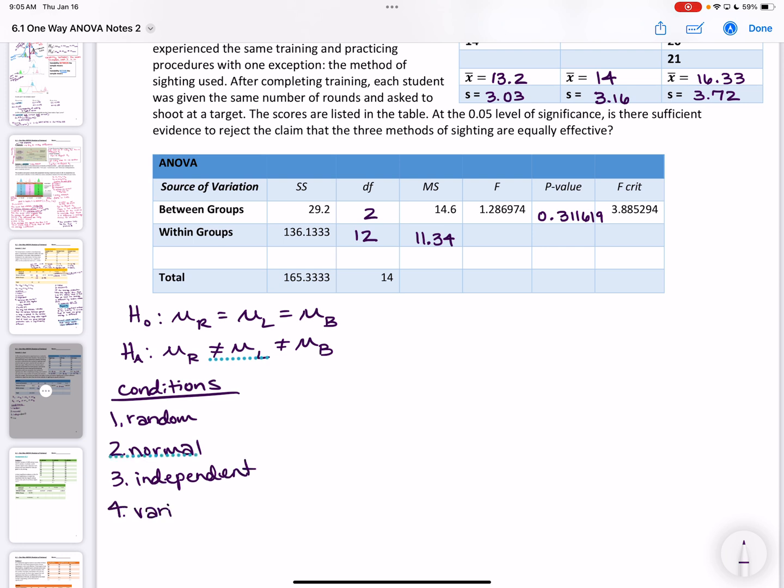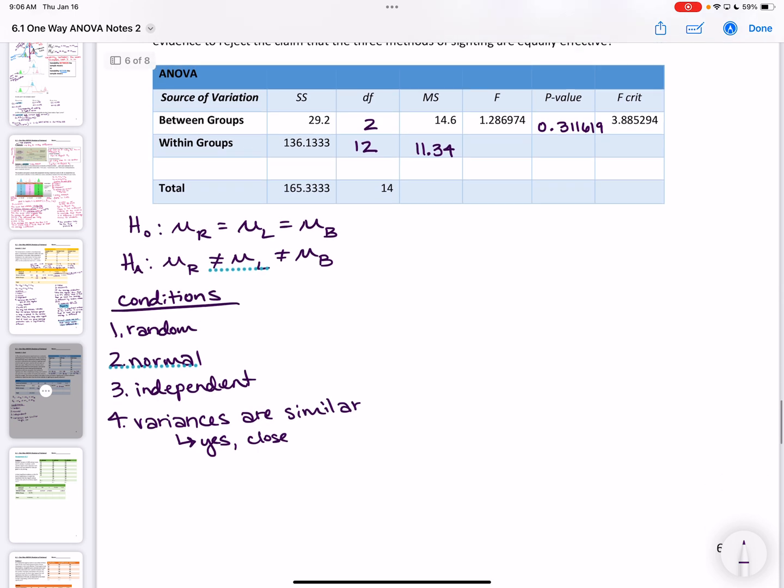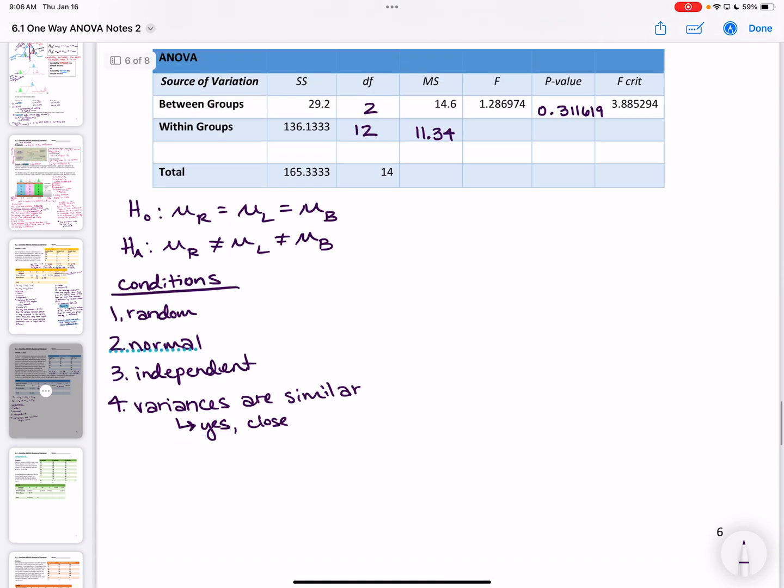Would you say those standard deviations are similar? Yes, super close, right? Yes, they are close.